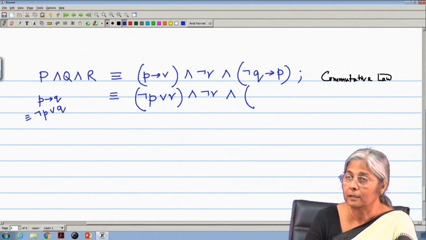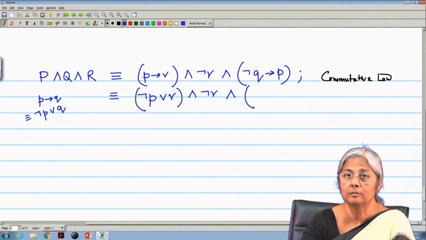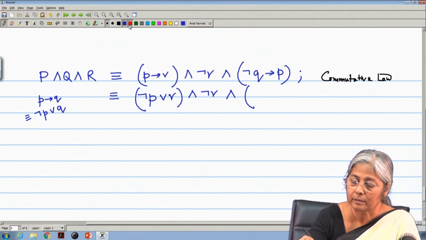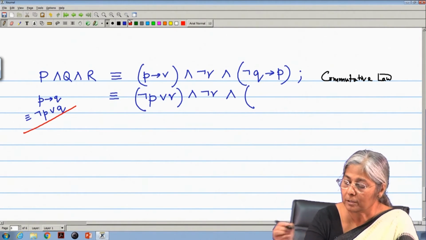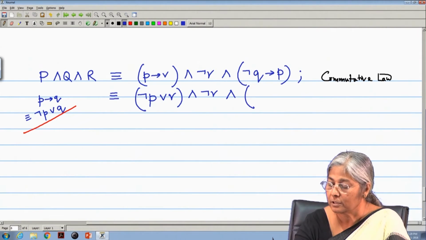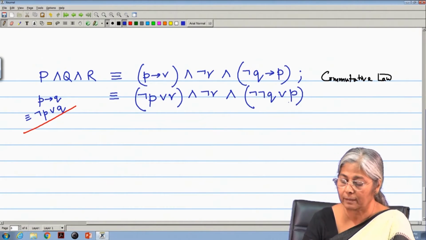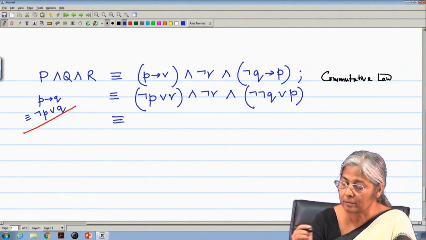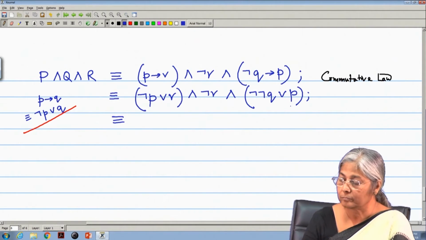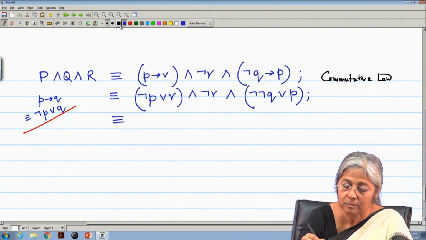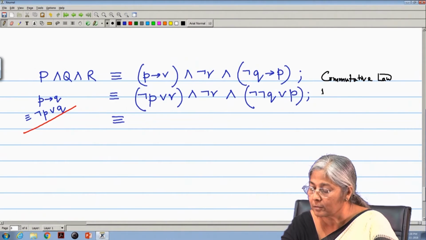Similarly I can apply the implication here also: negation q implies p becomes negation of negation q or p. That is the equivalence of implication.